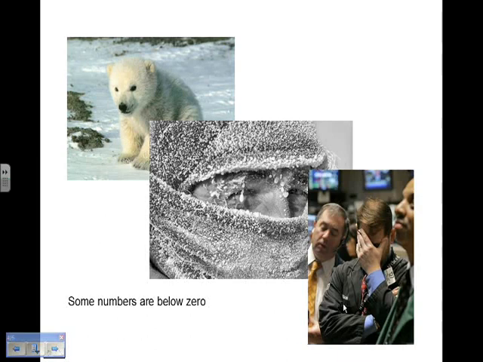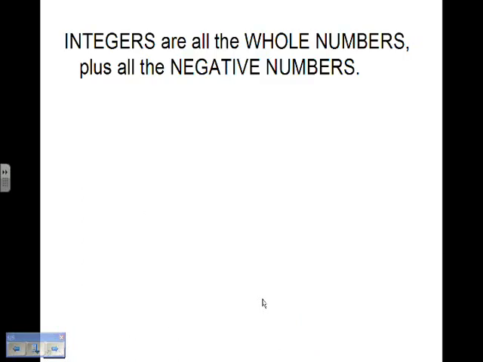He's gone below 0. And we call those negative numbers. Now we use them here and there in our daily lives, and that's what integers are. Integers include the whole numbers that we know already and these negative numbers.